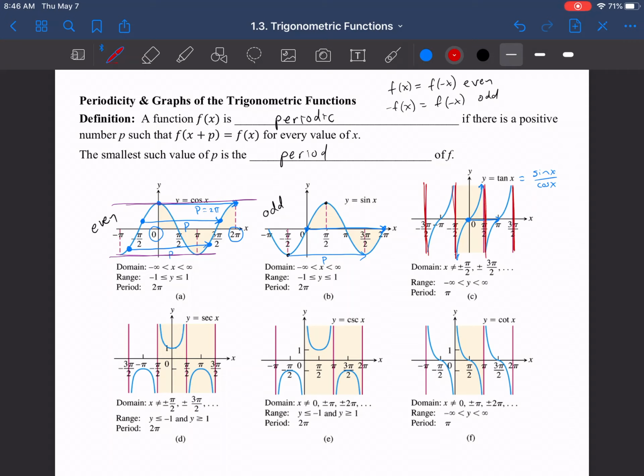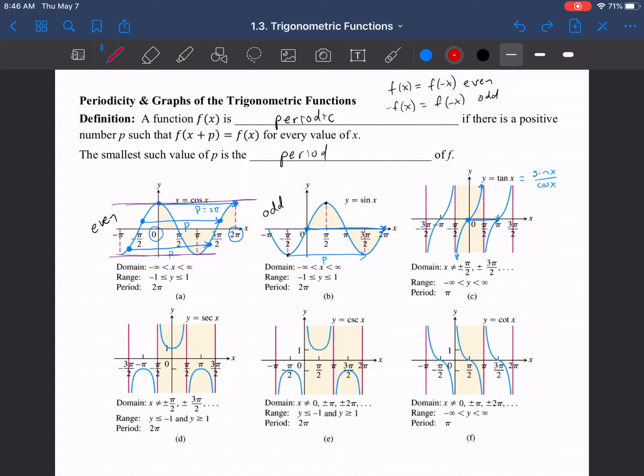It approaches them but never gets to them, and then has to skip over them. So we basically have x except for all these half pi values, pi/2, 3 pi/2, 5 pi/2, and so forth, and in the negative direction as well. So you have to be careful with that, the domain is not all real numbers.